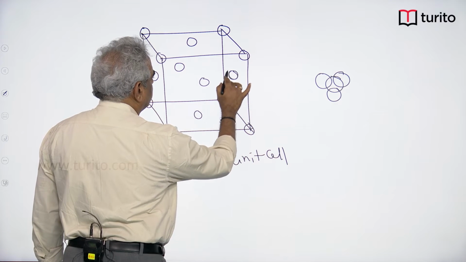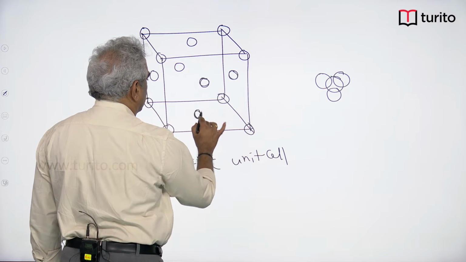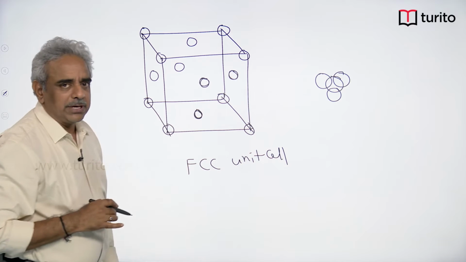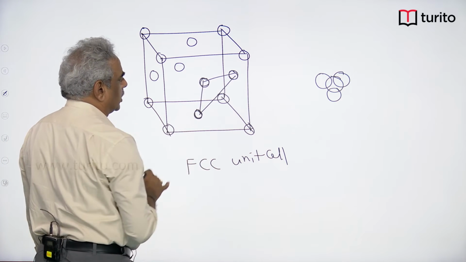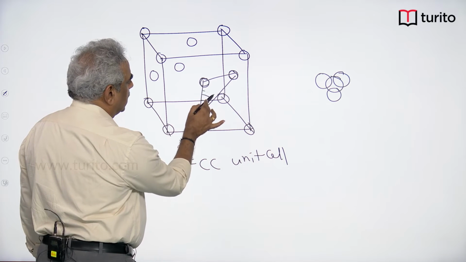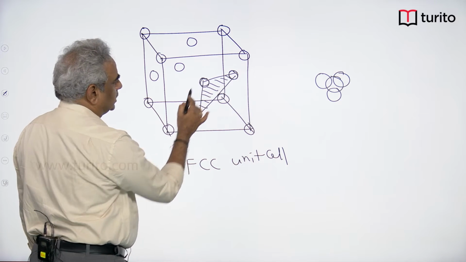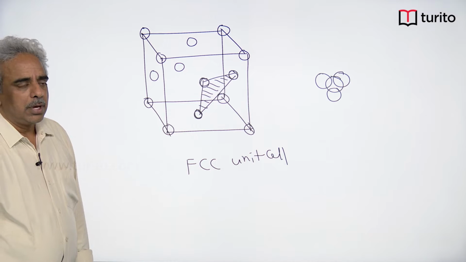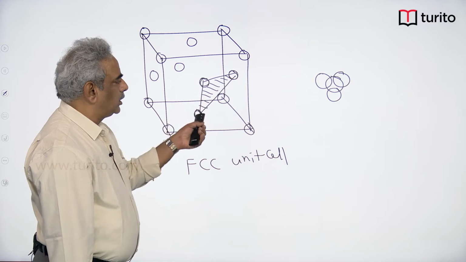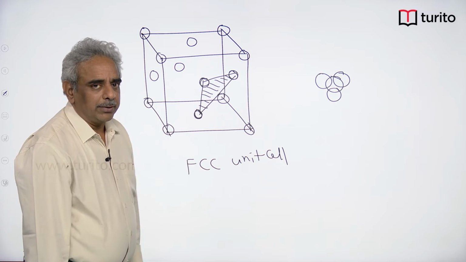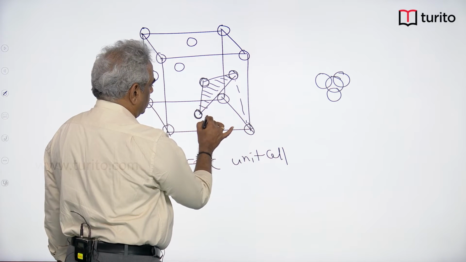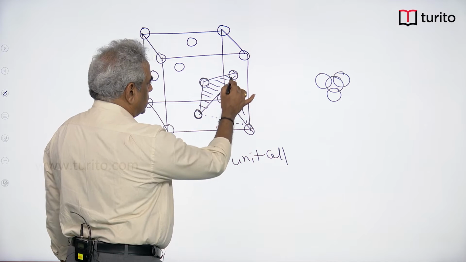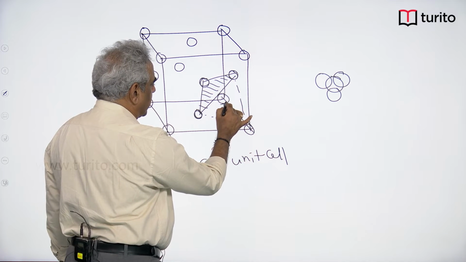I told you each face center atom is in contact with the adjacent face center atoms. So, this and these 3 are in contact, they make a triangular entity. There is a triangular void over there, and this sphere is sitting on the cavity of those three. So, you will be getting a tetrahedral void. The space in between is a tetrahedral void.